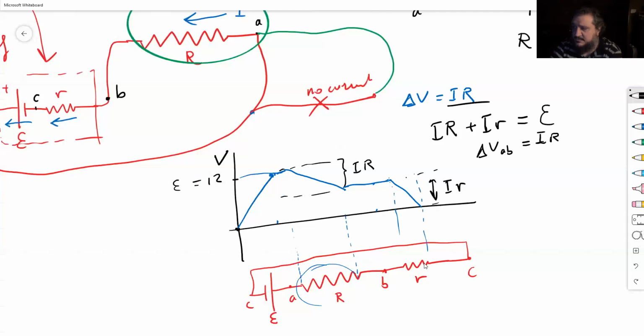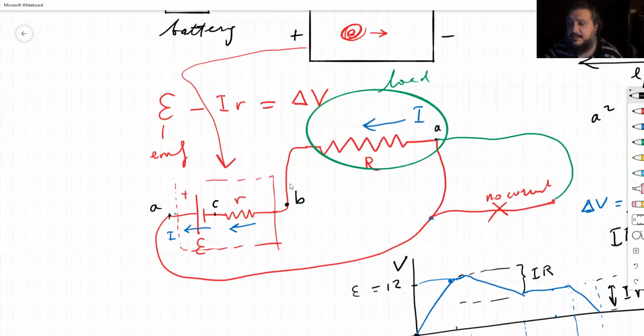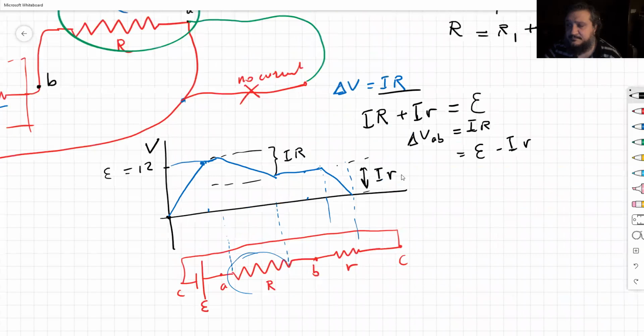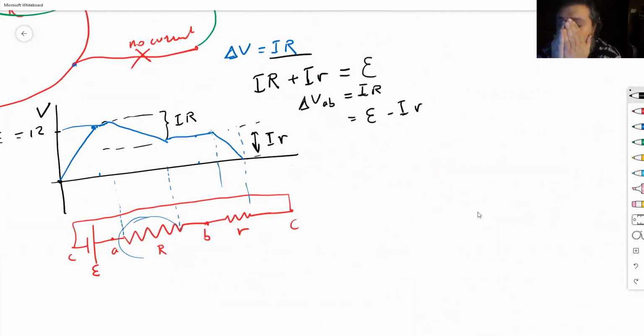And that's equal to E minus Ir. Okay, so that's where that relationship between EMF and the terminal voltage comes from, the one that I wrote over here, okay? So that's the logic there. Okay, so that is the E is EMF and VAB is the terminal voltage.